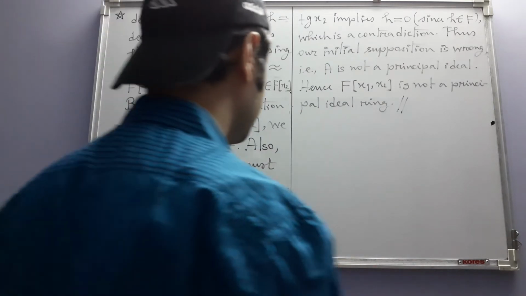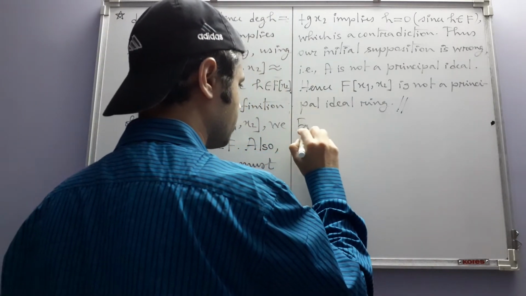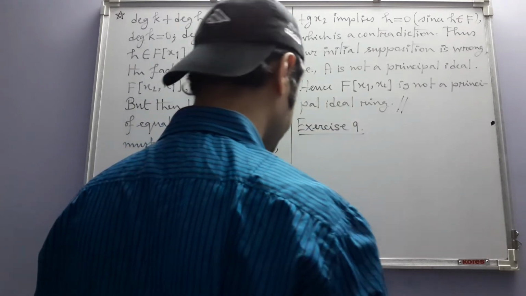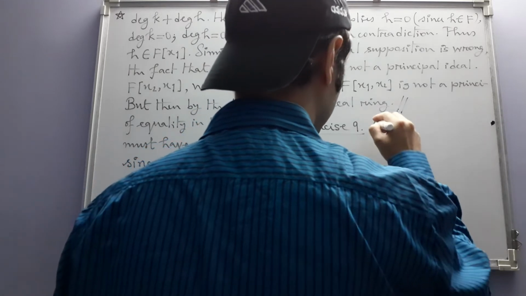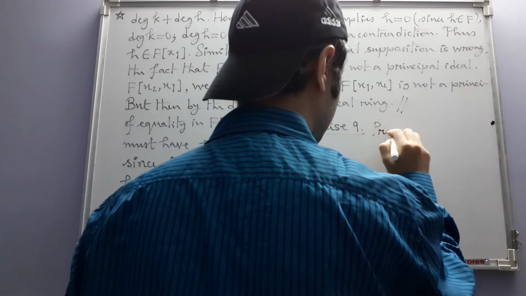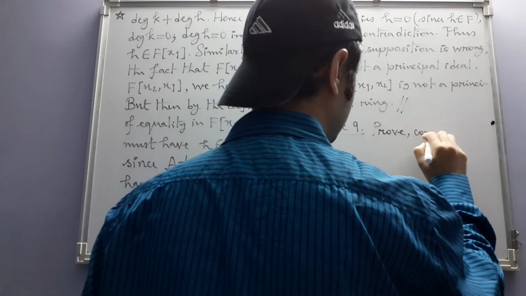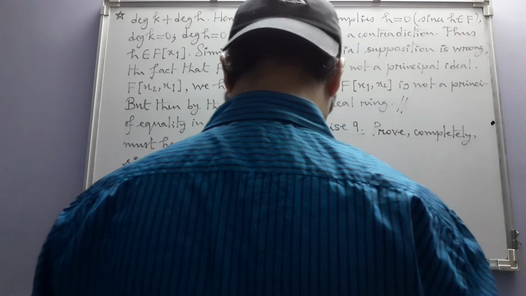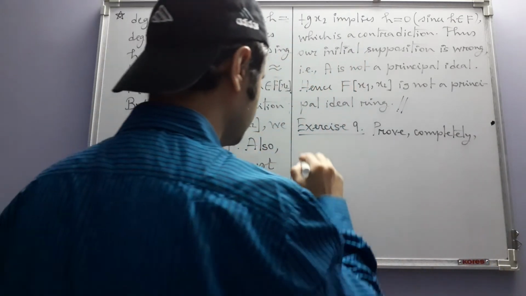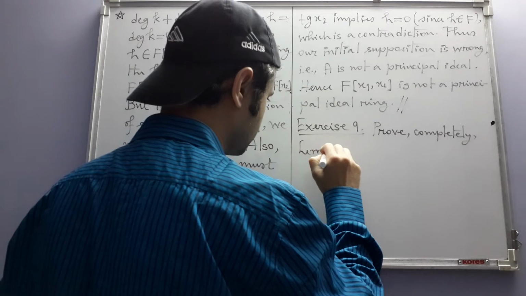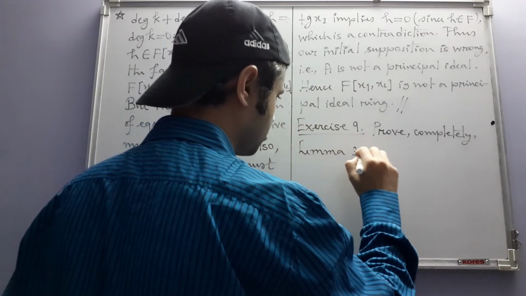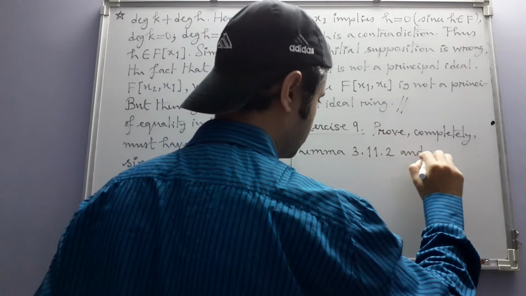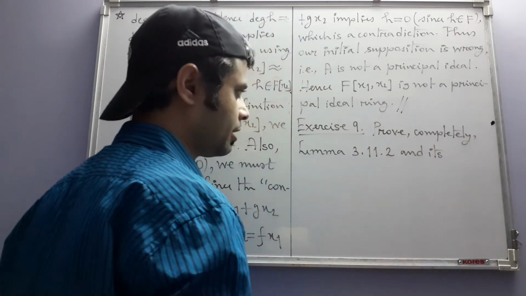Let's see the next one. Nine. Prove completely lemma 3.11.2 and its corollary.